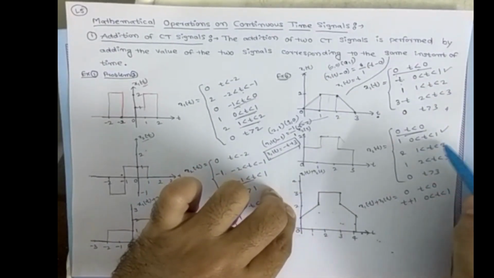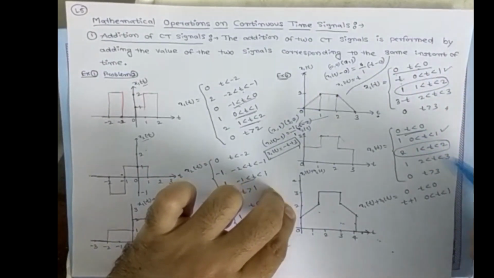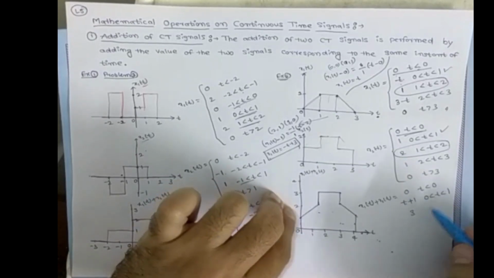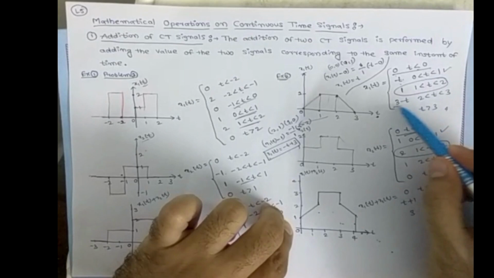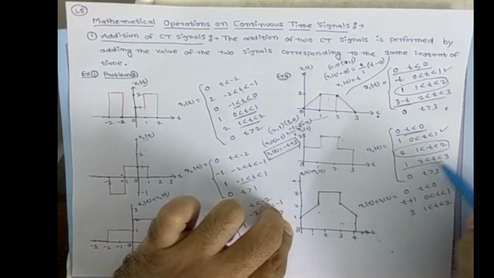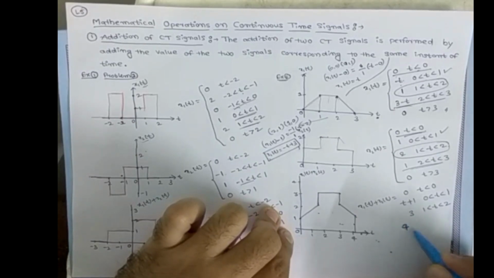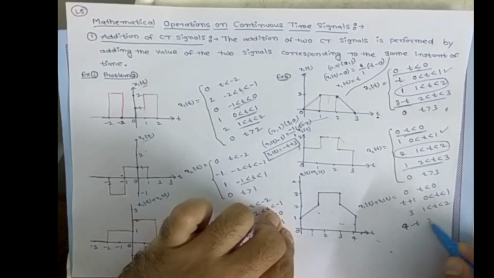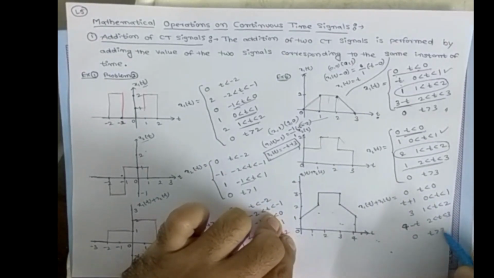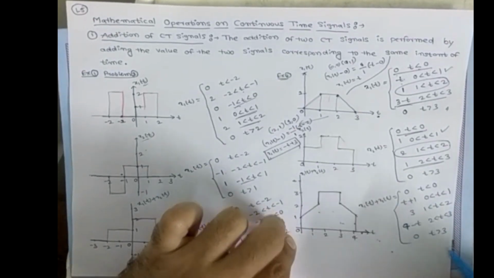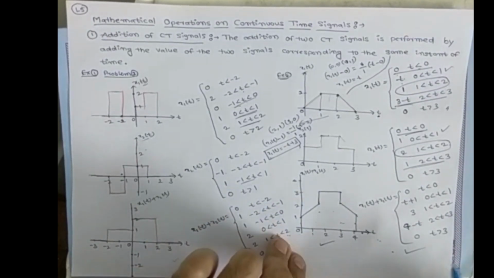Next, this one and this one, 1 plus 2, 3, for 1 less than t less than 2. Next, 4 minus t for 2 less than t less than 3, and 0 for t greater than 3. So this is the graphical representation, and this is the mathematical equation representation.